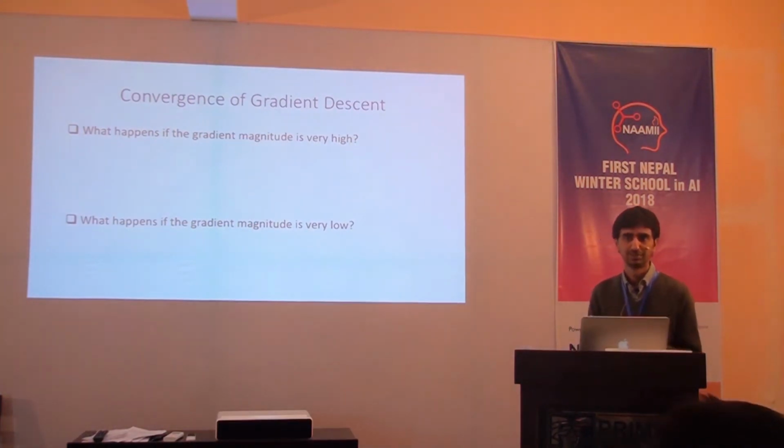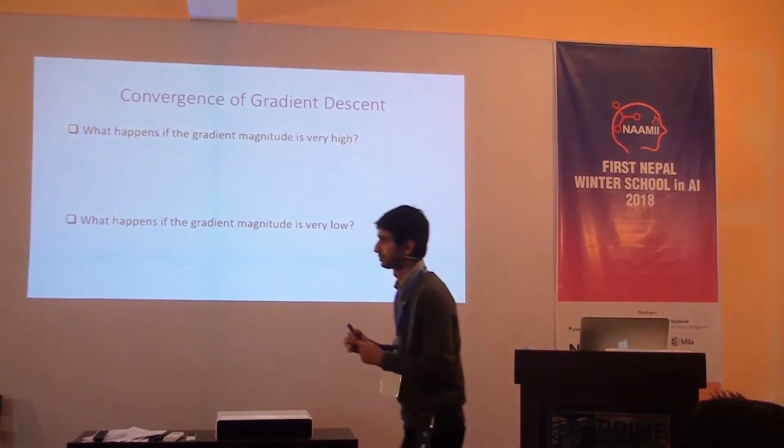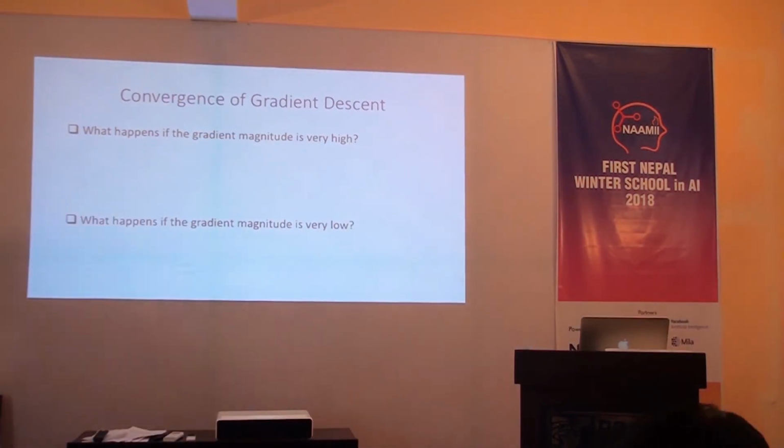For example, let's say you have a function like this, and you start here. Can you guess what will happen? There is no local minimum here, by the way. This is a horizontal straight line.